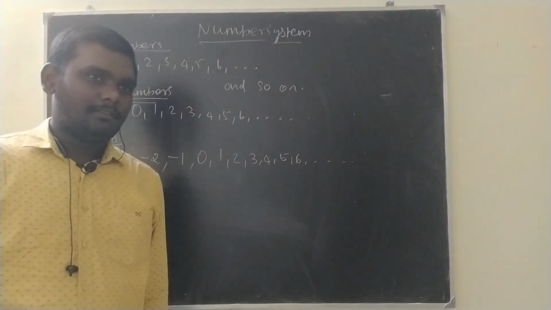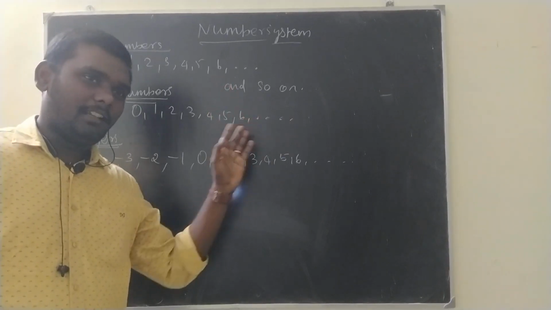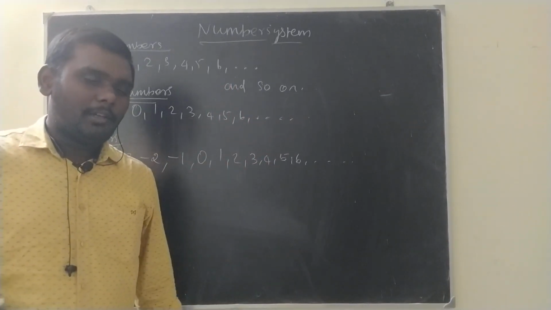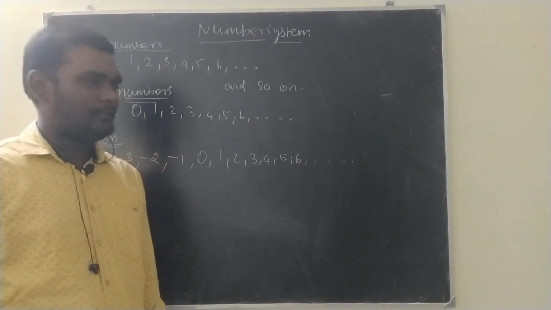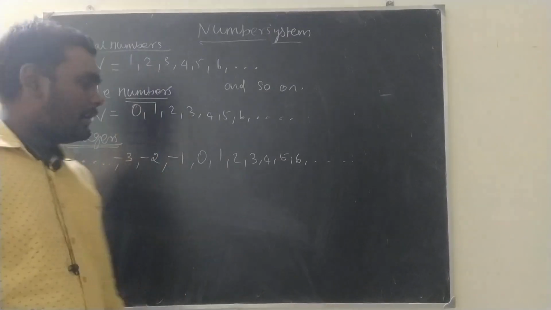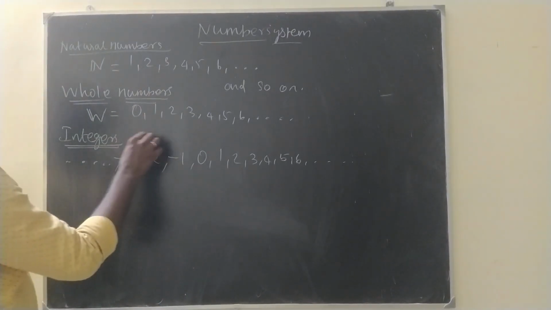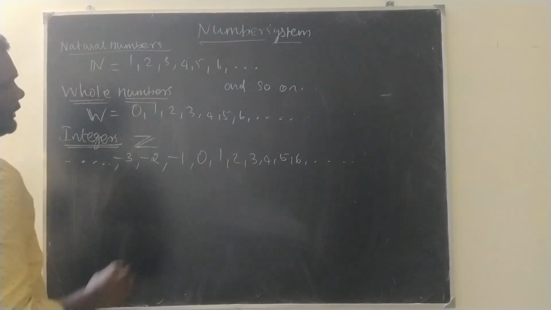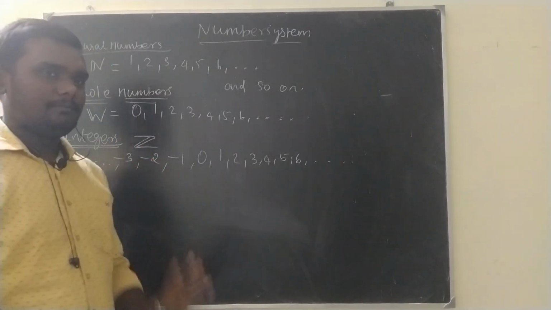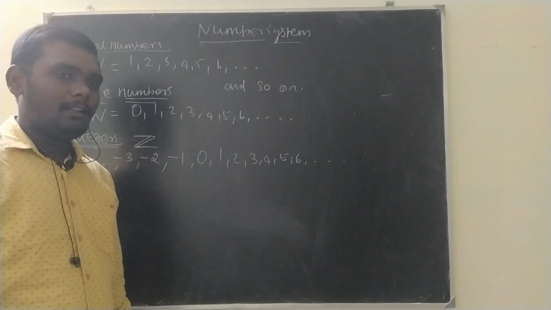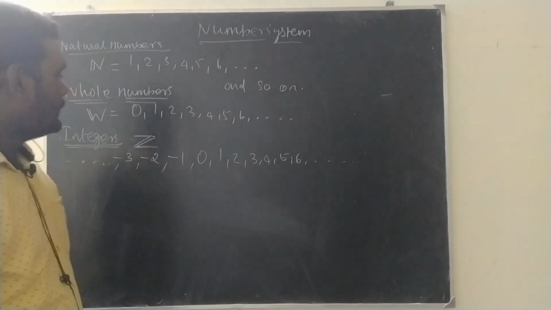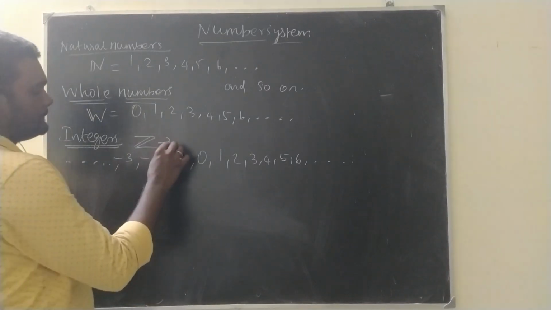Natural numbers we denoted by N. Whole numbers we denoted by W. Integers, what do you think? We may think of I, but universally they use the letter Z to denote integers.